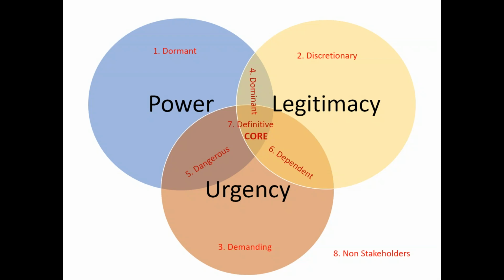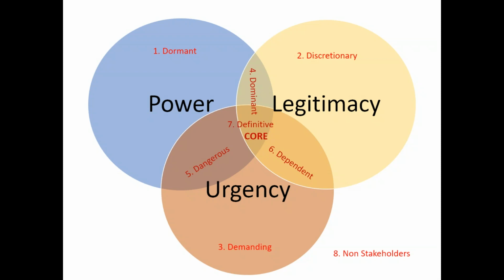Are you with me on that? Yes, sir. So for these kinds of stakeholders, I will have a specific behavior. These are the definitive stakeholders. I cannot ignore them. They have high legitimacy, high urgency, and high power.